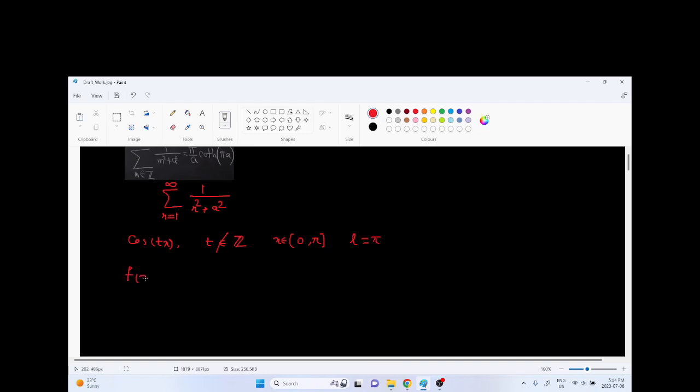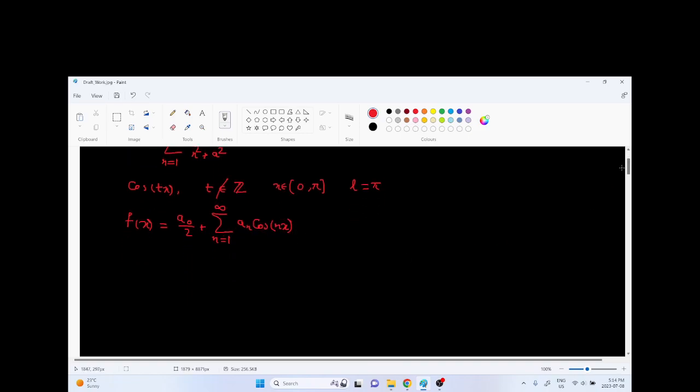And we know that we can write the Fourier cosine series of a function f of x as a naught over 2 plus the infinite series as n runs from 1 to infinity of a n times cosine of n pi x over L, where since L is equal to pi, that simplifies to just cosine of nx.